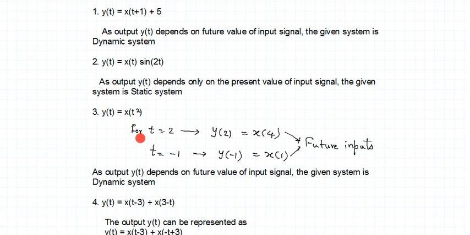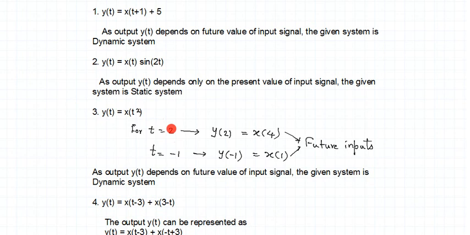So when t is equal to 2, y of 2. Can I say t is equal to 2 is nothing but the present time instant? So x of 2 is the present input, and y of 2 indicates the present output, because I am talking about the time instant when t is equal to 2.